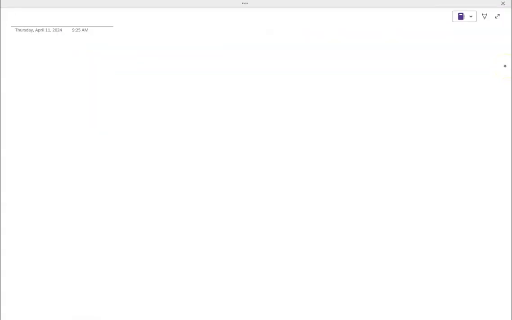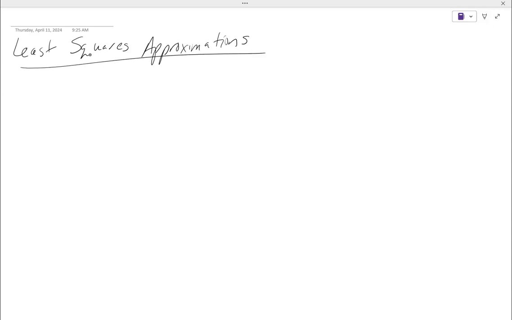Well, let's start talking about some new stuff, which is least squares approximations. The goal today is to set things up in a couple of different ways and do some calculations.